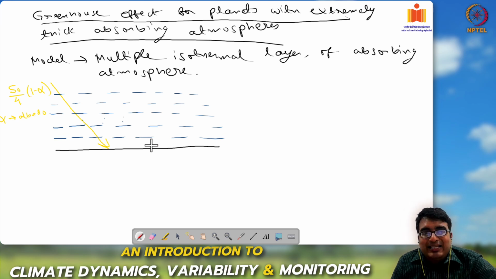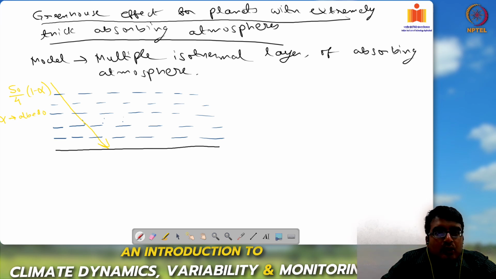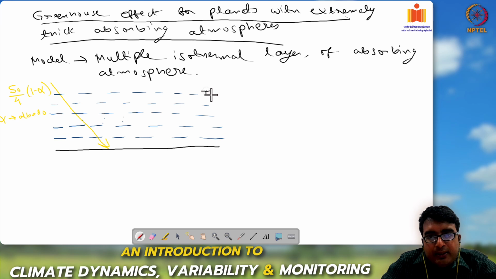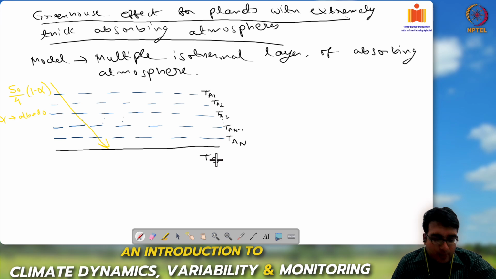They are transparent to short wave or solar radiation. Okay. So here we have layer 1 with temperature TA1, layer 2 with temperature TA2, layer 3 with temperature TA3, this is say layer n-1, this is layer n, and then this is the surface, which is the ground.